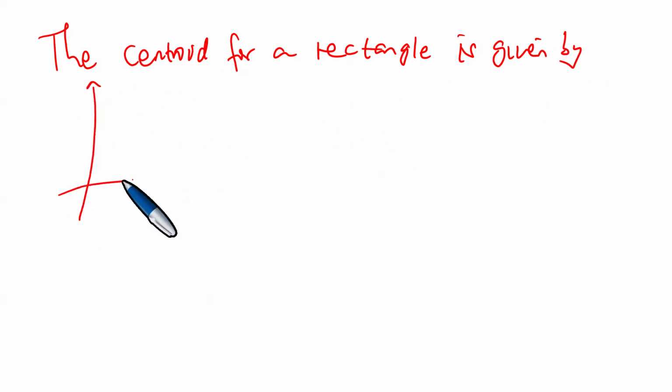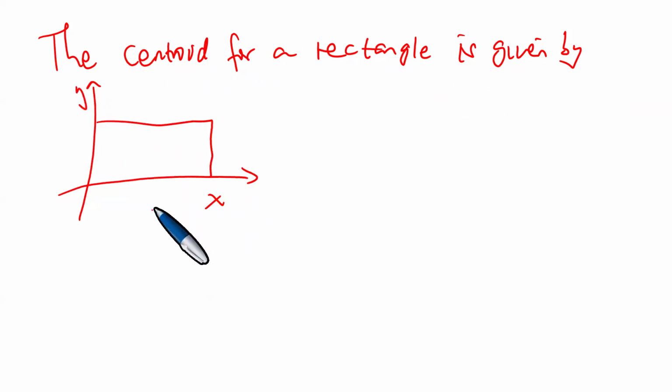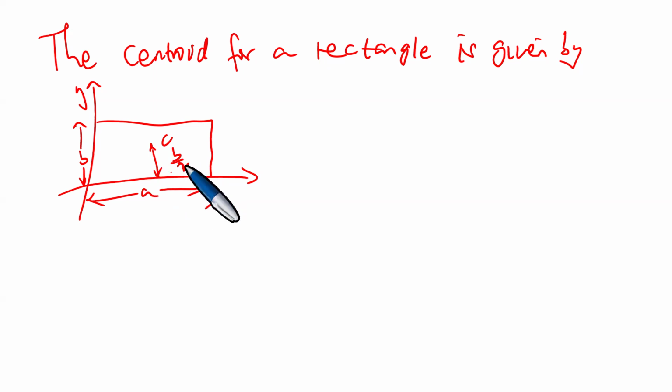You draw the rectangle, call one side A and the other side B, and then the centroid C is at B over 2 in one direction and A over 2 in the other.